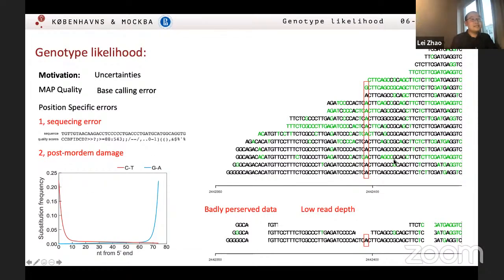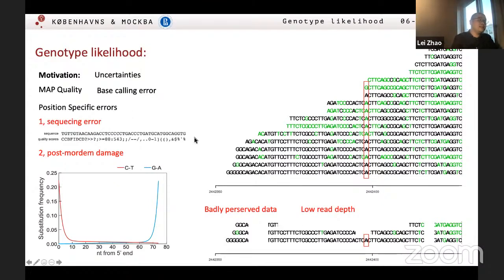Suppose we have already aligned the data, but we don't relate any error framework to it. Apart from the base calling error, we also get some position specific error like sequencing error.